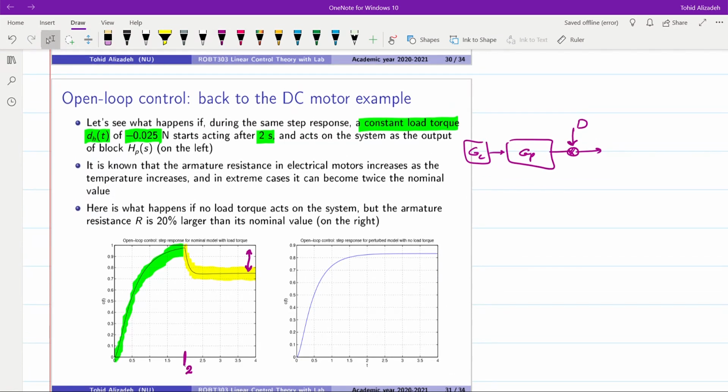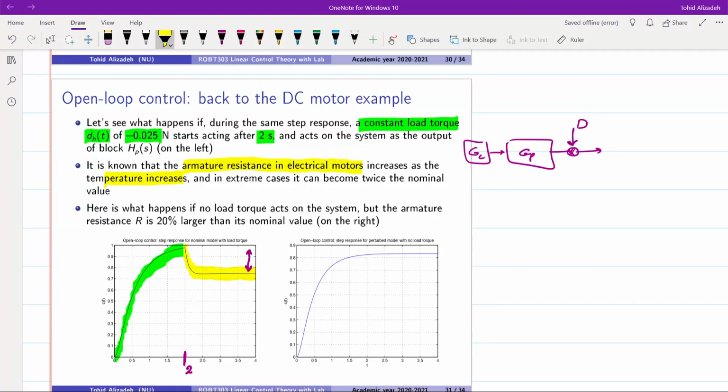The second case is regarding the changes in terms of the parameters of the system, where the DC gain of the system is not the same as the nominal one that we had. It is known that the armature resistance in electrical motors increases as the temperature increases. So as you use the motor, the temperature increases, or as the temperature of the environment changes, the resistance of the armature of the electrical motor that we are discussing will change.